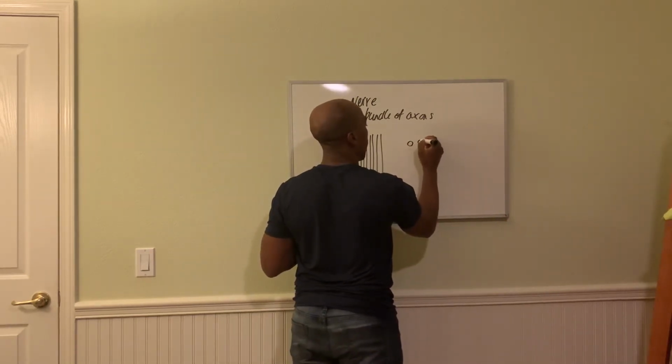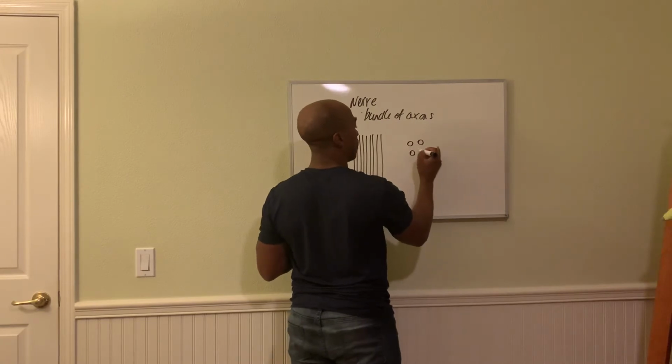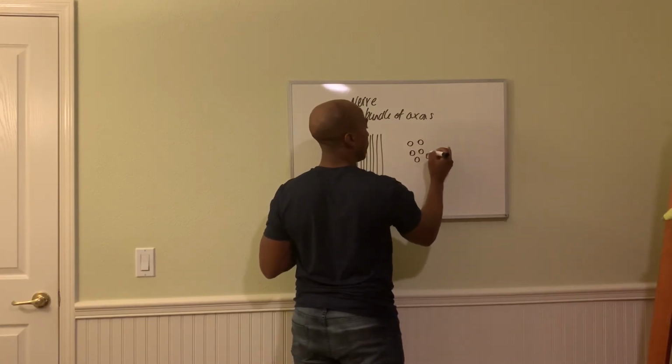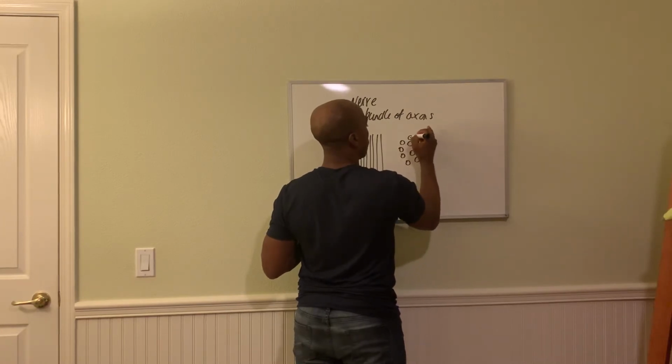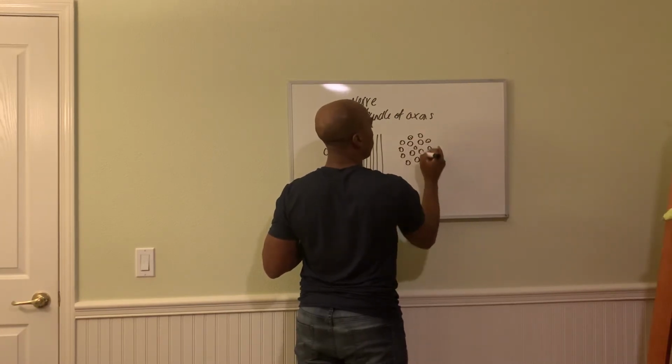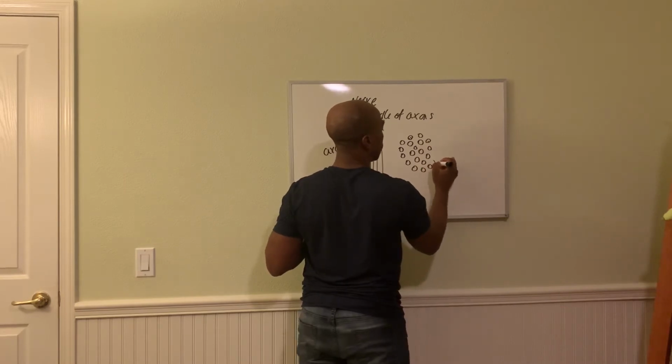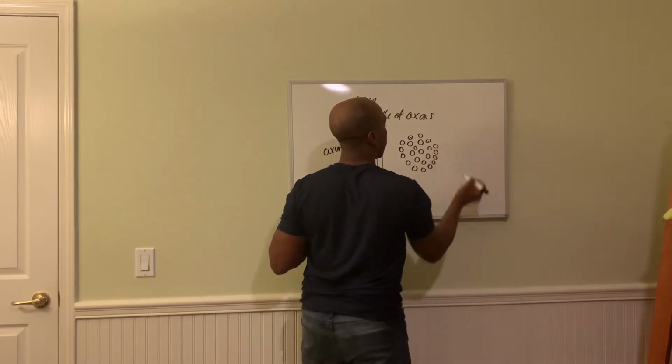So if you take a cross-sectional view of this, then you will see like this. These things will be your axons cut across, forming your nerve bundle. So axons, all right?